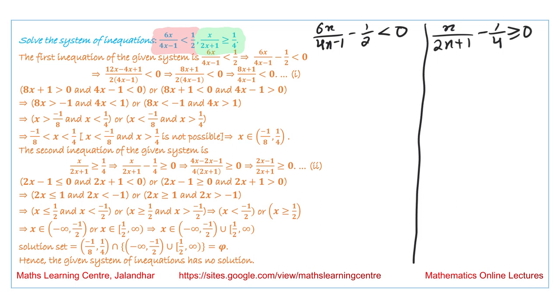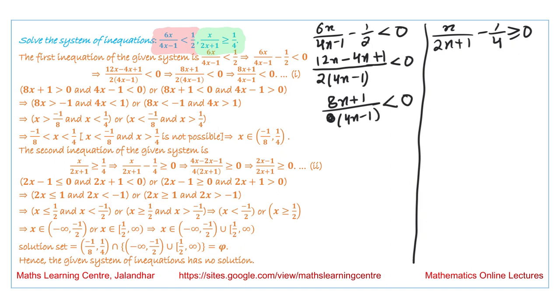So now if we simplify these values, we obtain the denominator as 2 into 4x minus 1, and the numerator 12x minus 4x plus 1 is less than 0. So this gives us 8x plus 1 over 4x minus 1 is less than 0.